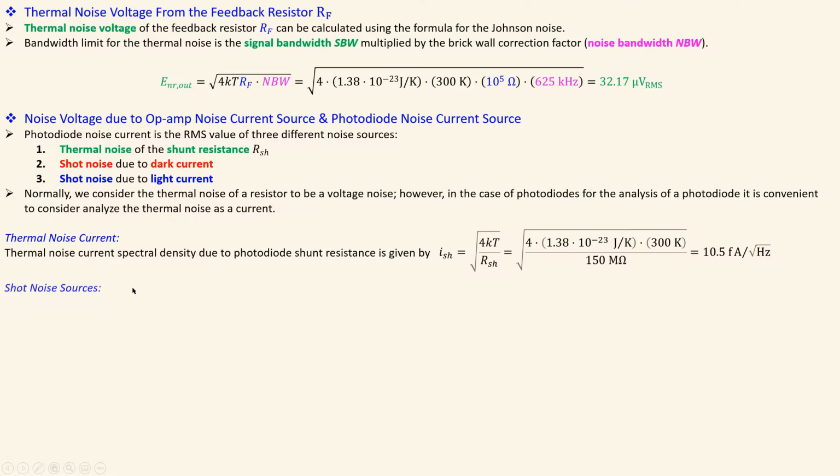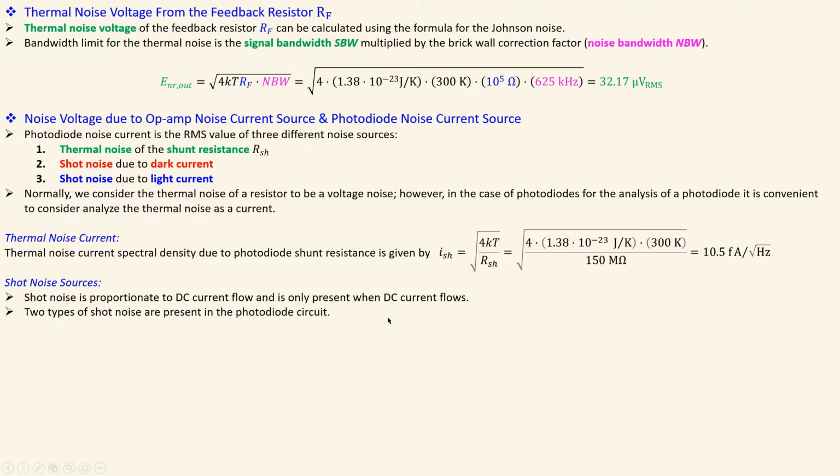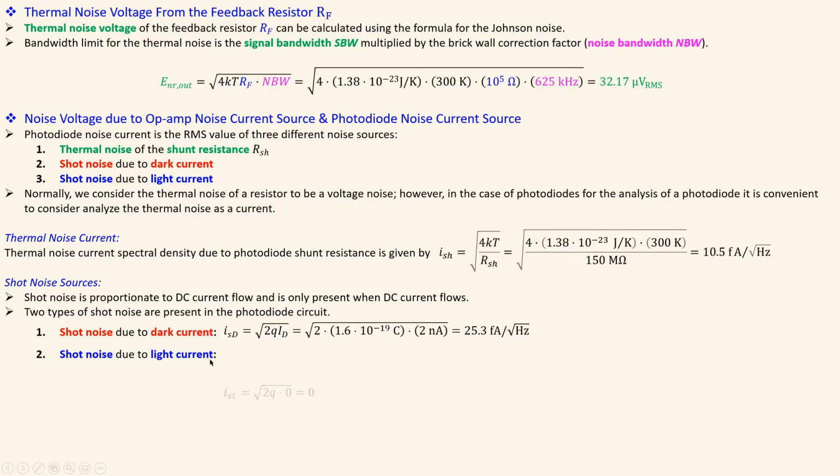Now for the shot noise sources, again in a similar form, we have two types. Shot noise due to the dark current, which is this expression. This is the value, and for the shot noise due to the light, you have again a similar expression, but because there's no light, we have a 0. So that's actually what we take for this example.